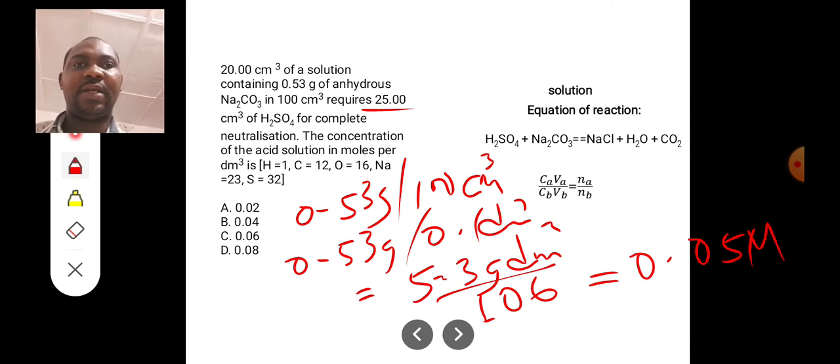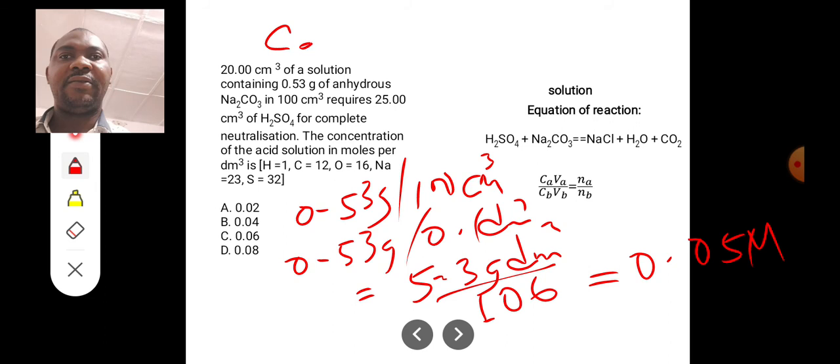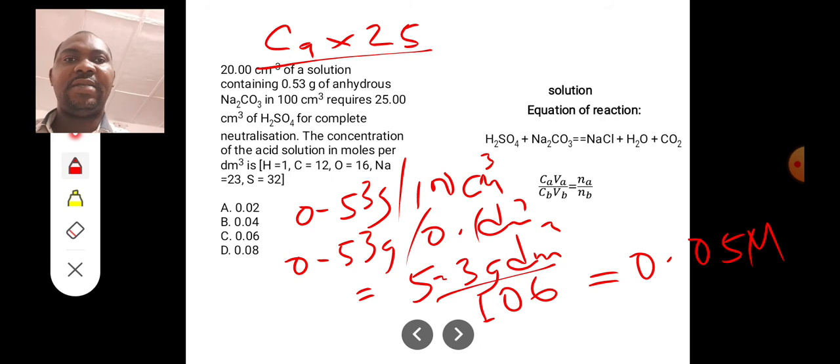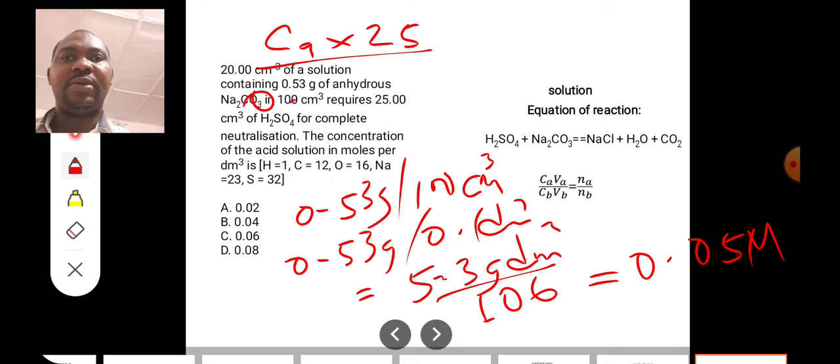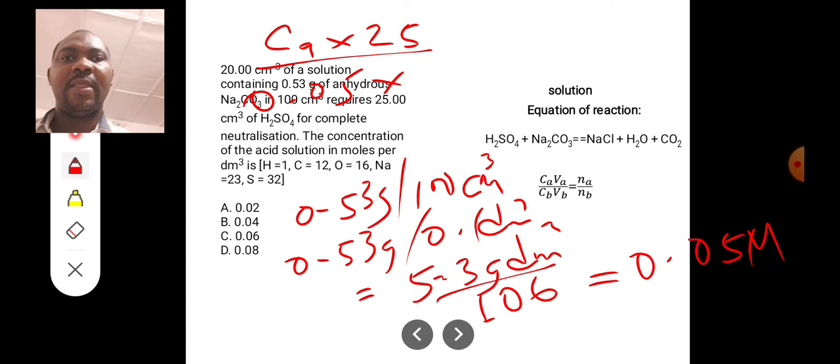So with this, we can now apply the formula. Ca, concentration of acid, that's what we are looking for, multiplied by Va, volume of acid from the question is 25, divided by Cb, concentration of base is 0.05, we just got that. Volume of base from the question is 15. Number of moles of acid to base is 1:1 from the reaction, 1 over 1.